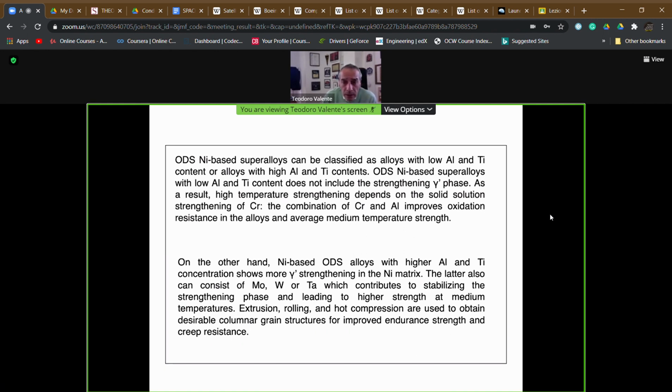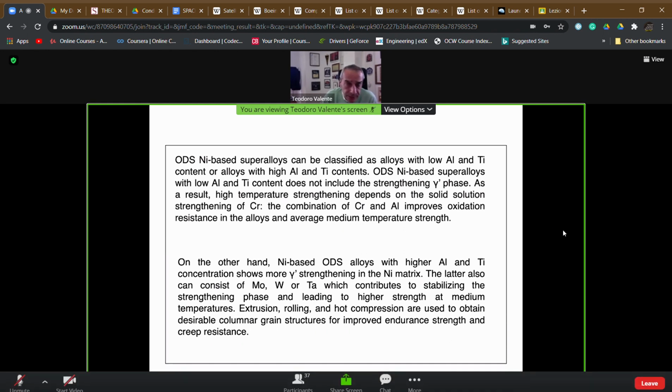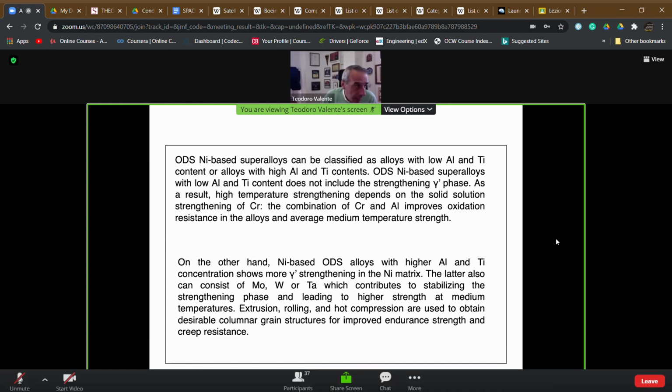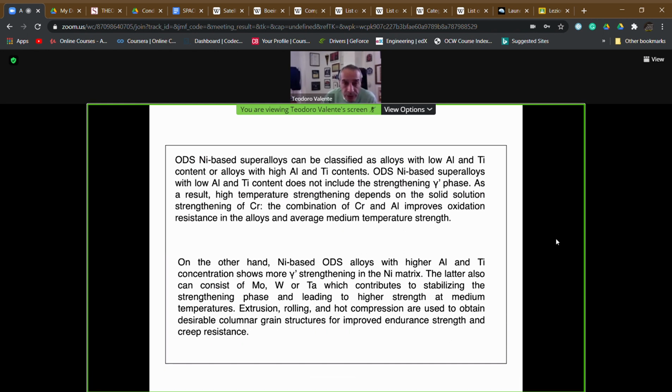So the final conclusion on the use of ODS materials in engines is that they can be considered when we want to increase the oxidation resistance of the material itself. But what does this mean?